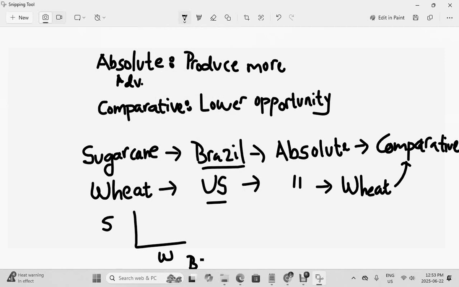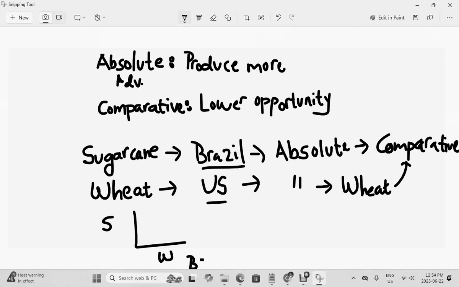For Brazil, there is a lower opportunity cost for sugarcane. Brazil is able to produce more sugarcane on land that they could allocate to wheat. For example, they can produce more sugarcane per acre of land compared to the amount of wheat they would be able to produce on the same acre.